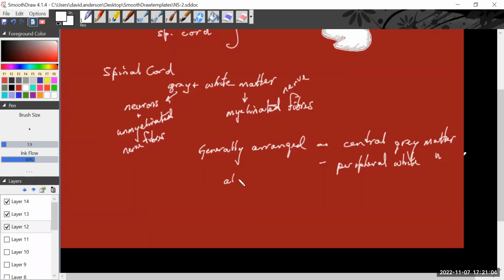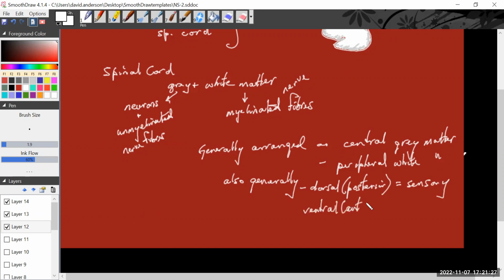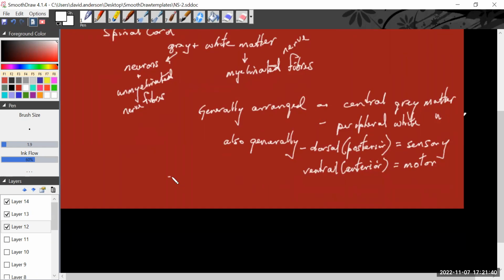And also, generally, dorsal, which is interchangeable with posterior, is typically going to be sensory, and ventral, interchangeable with anterior, is most often going to be motor in its responsibilities.